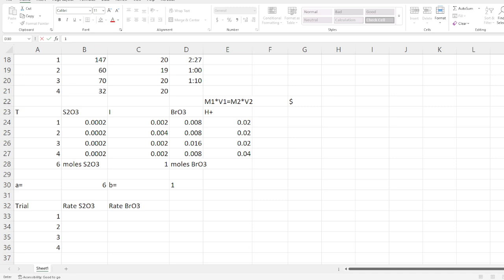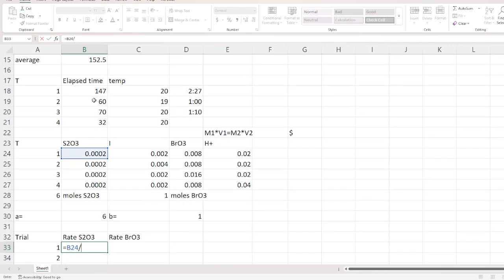That's what that says. So to get a rate for a trial, you're going to take a concentration of thiosulfate. Because I have this in the table right here, then I'm going to divide it by my time.